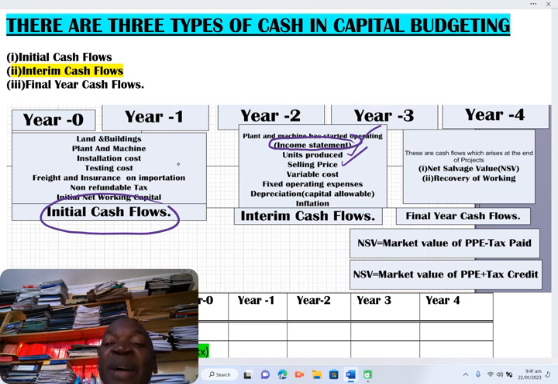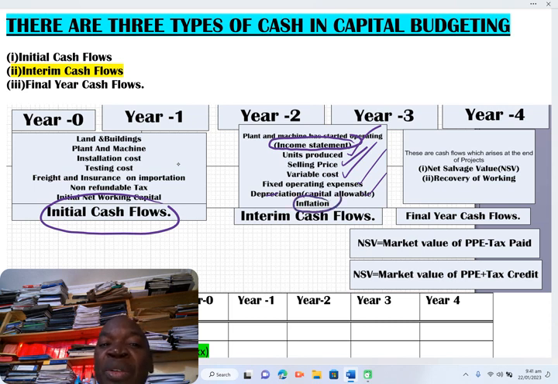Again, you must establish the variable cost of running the project. Also, you must describe the fixed operating expenses to run a factory or a project. Then there is depreciation, because when a project is running and you have property, plant, and equipment, the equipment depreciates, so this is a depreciation to be accounted for. We have inflation.